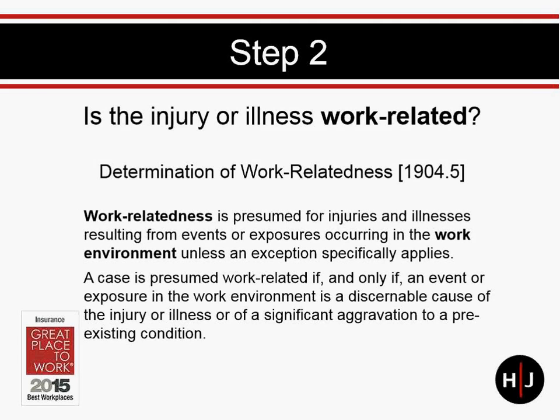In other words, was the illness or injury that occurred or was reported to you the result of something that occurred in the work environment? Was it an event or an exposure that occurred in the work environment? The person was on payroll doing their job, whatever. That's what's referred to as work-relatedness.